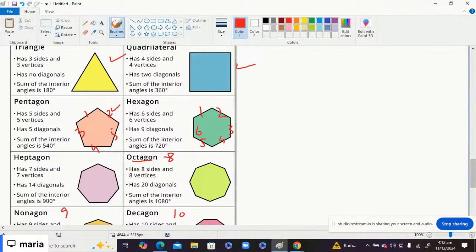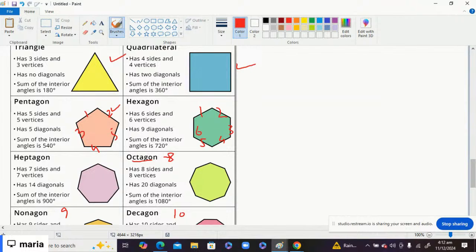Now when we are talking about the hexagon, how many sides does a hexagon have? There are six sides of hexagon. Now for the heptagon, when you see the figure, there are total seven sides for the heptagon.